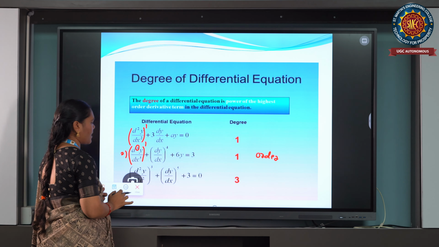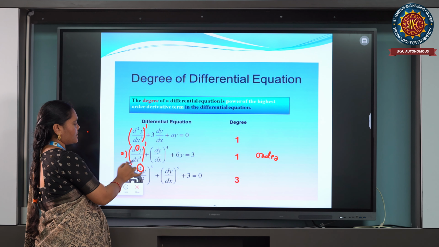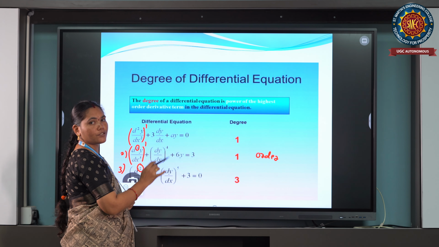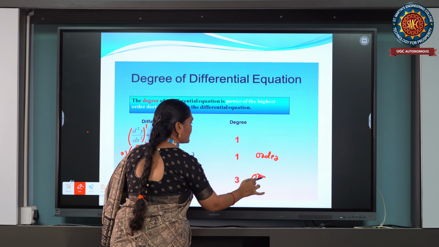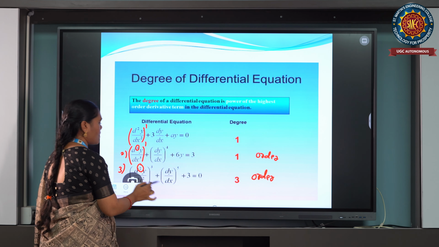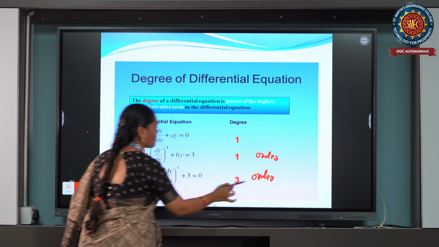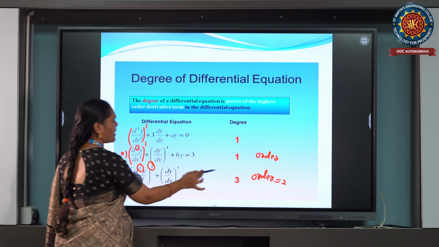Next, the third example: (d²y/dx²)³ + (dy/dx)^5 + 3 = 0. In this equation the highest order is 2. So the order is 2. The highest power is 3, so 3 is the degree.